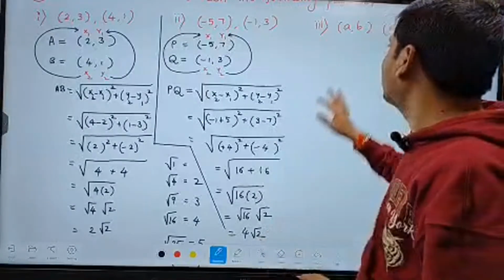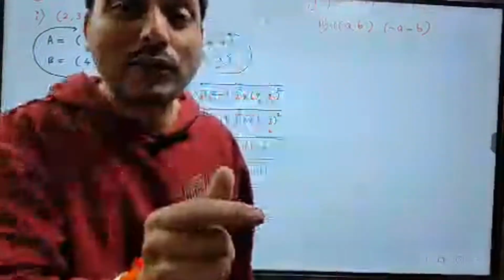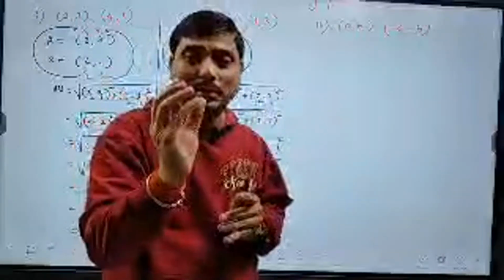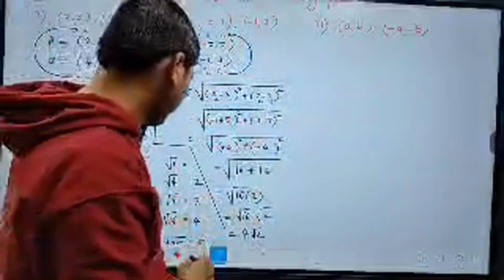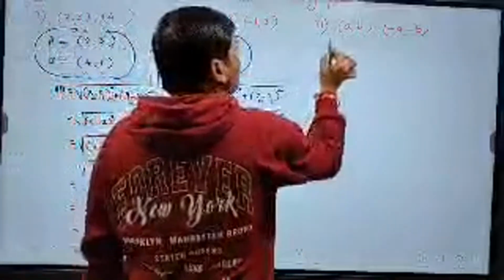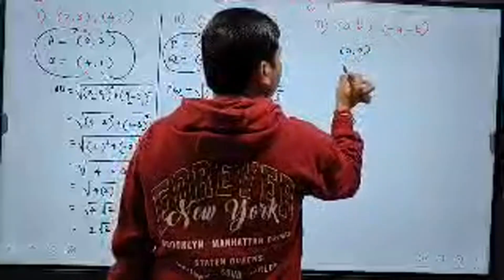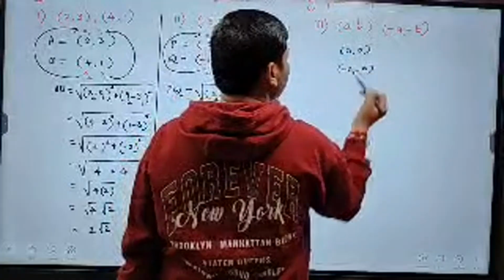Okay. The third problem does not have values; the values are represented by English small alphabets, a comma b, variables. How to find that one? Okay, no problem. First of all, take the point a comma b and the point minus a comma minus b.